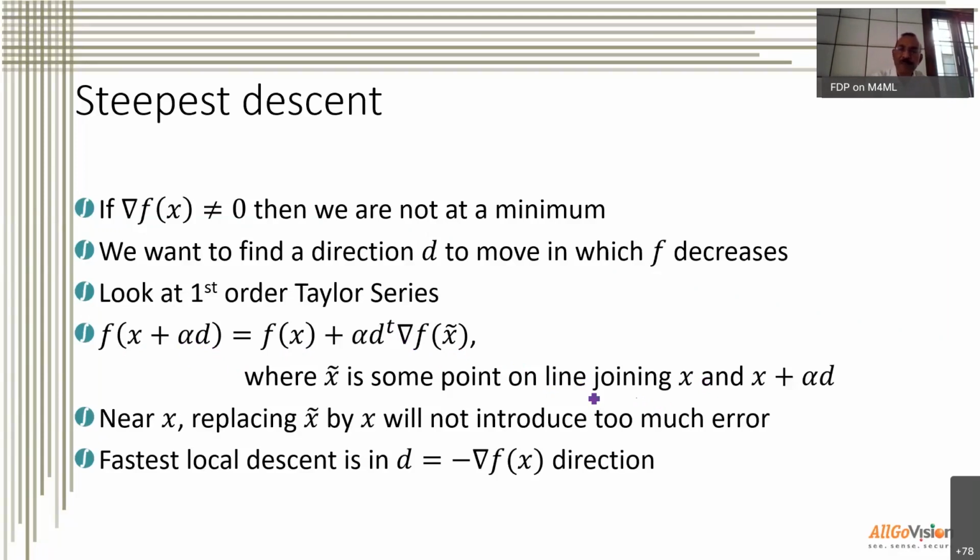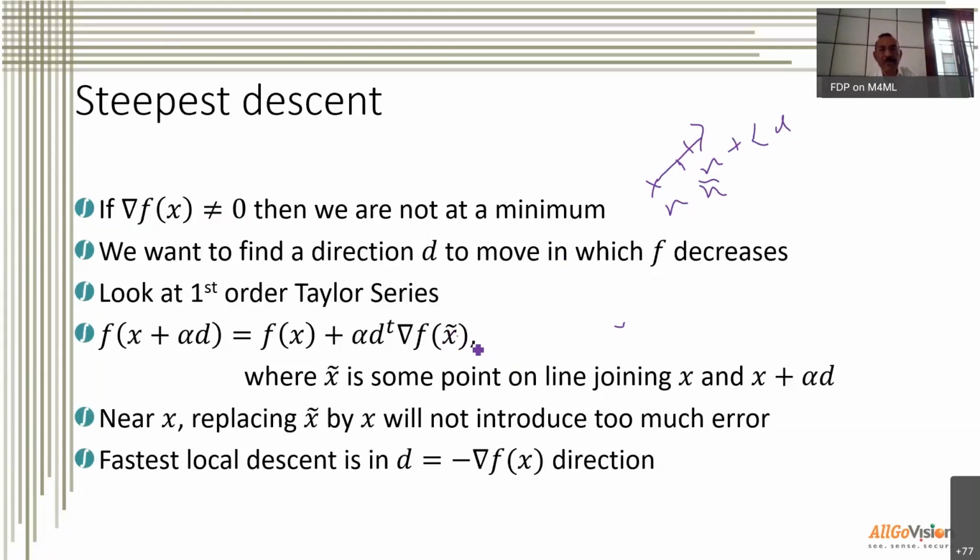So for example, if this is your x and this is the direction d, and you have chosen this point to be x plus alpha d, then some x tilde is some point in between them. We don't know which exact point, but some point. And why does that happen? This happened because we have truncated the Taylor series to only one term.